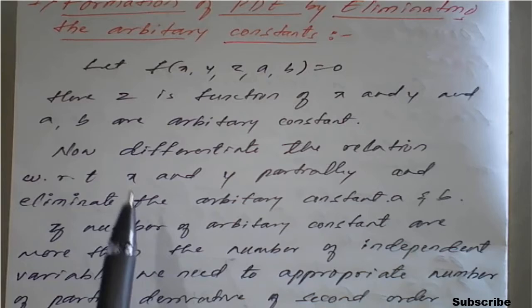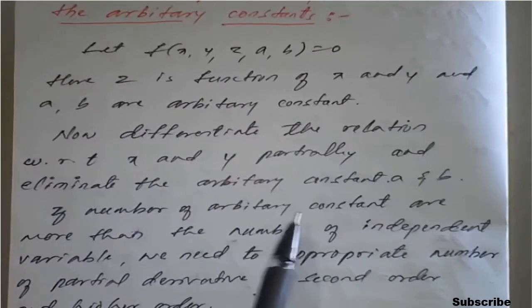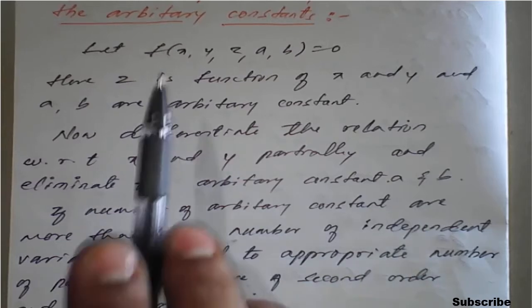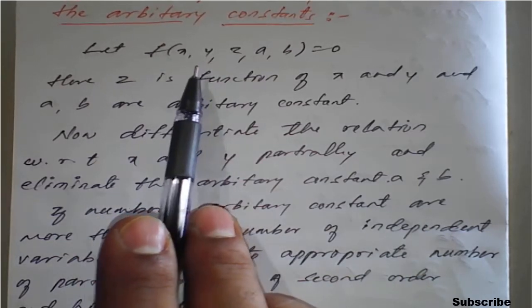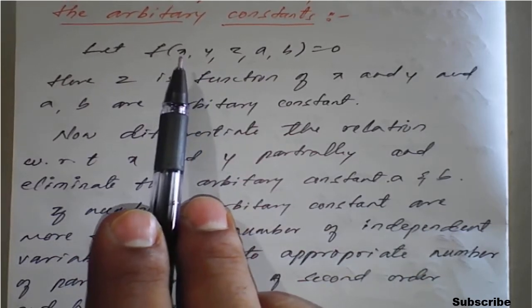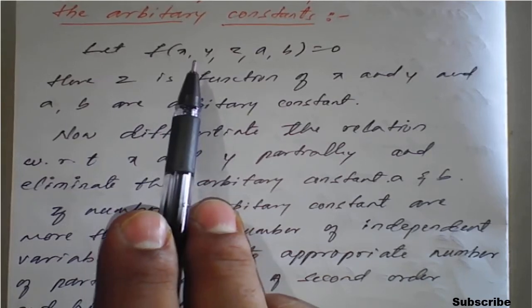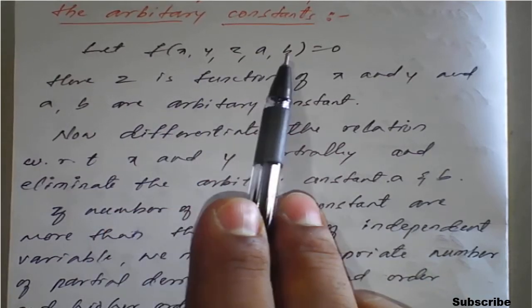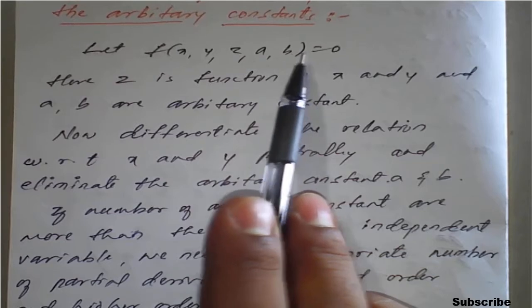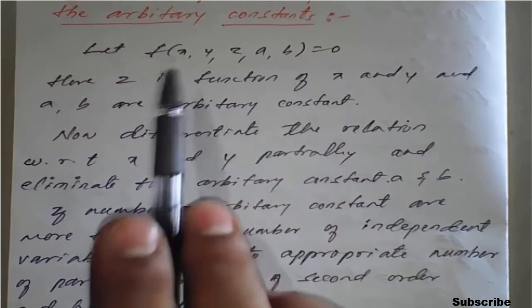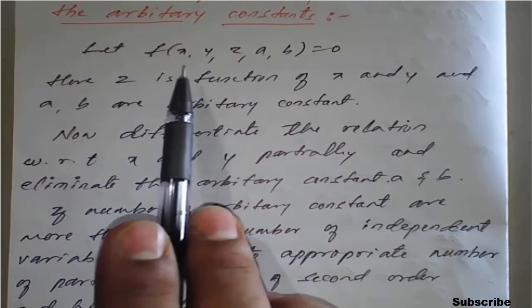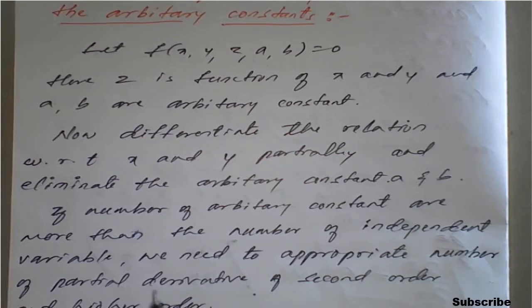If the number of arbitrary constants is more than the number of independent variables, here x and y are the two independent variables, but you are getting a, b, c, d, means constants are more than 2 and independent variables are only 2, then at that time we need to go for higher order partial derivatives.